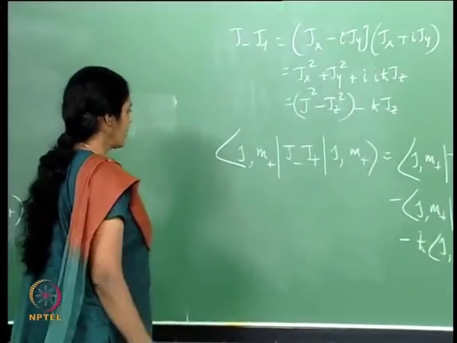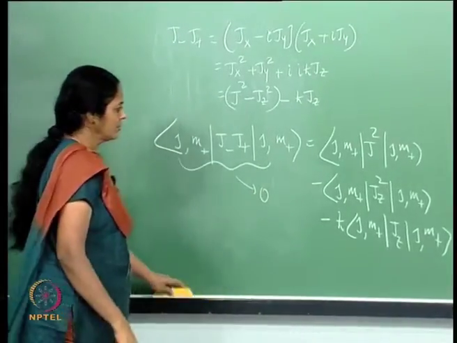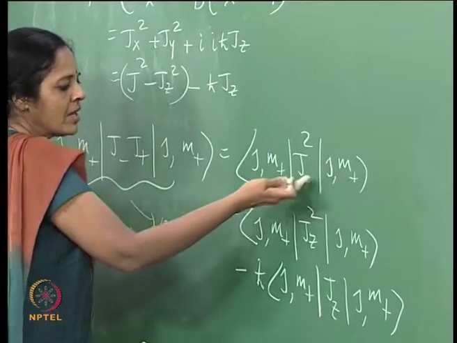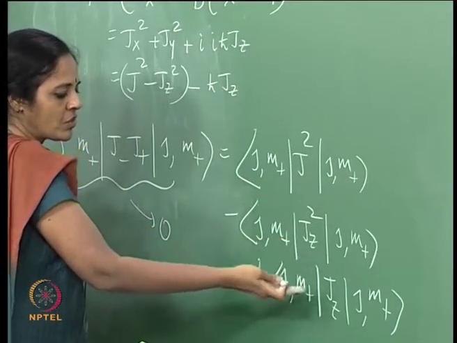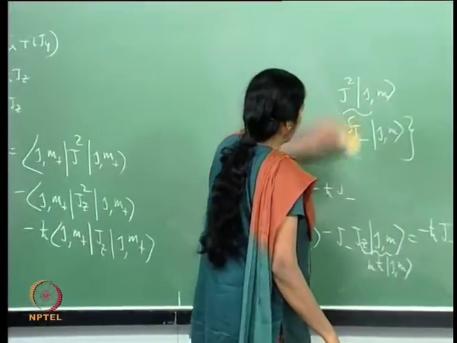I have this, and this object I know is 0. But j m plus is an eigenstate of j squared, jz squared and jz. So, I might as well pull out the eigenvalues.